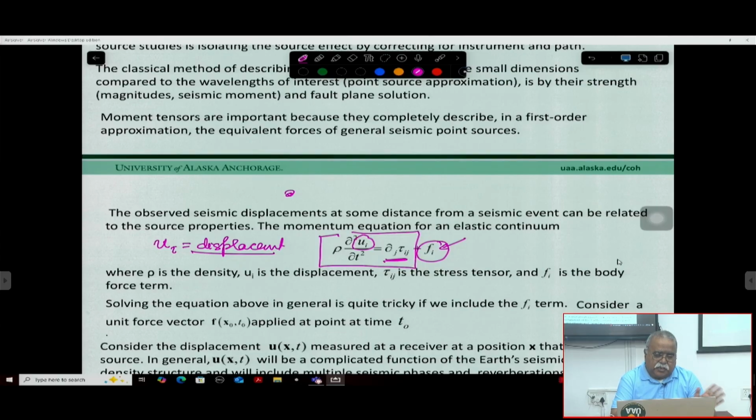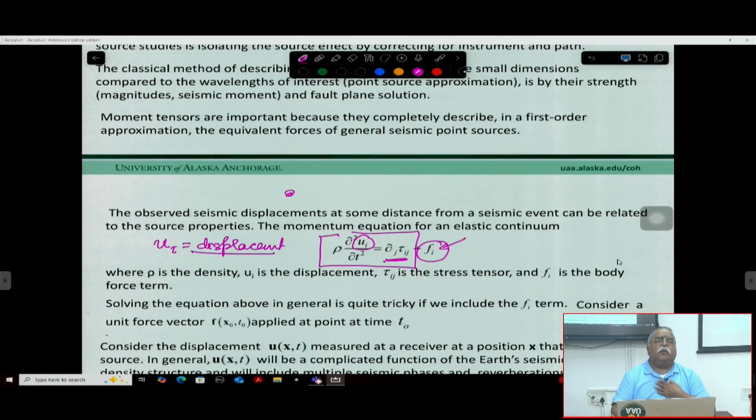We will be discussing it afterwards: how the P wave and S wave are generated and what their velocity will be. That can be solved if I put Fi equals 0. But if there is a body force, then this equation is a little more complicated, and we need to solve it.